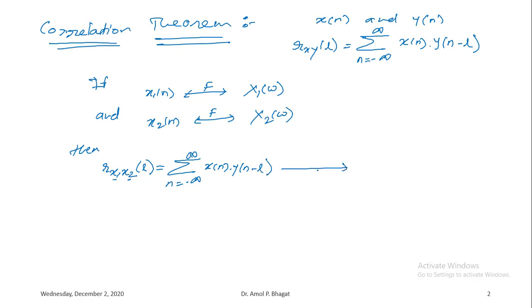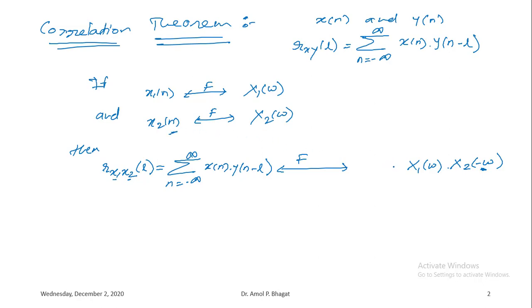In Fourier domain, this cross correlation will be simply the multiplication of the Fourier transform of x1 of n and X2 of minus omega, that is the phase reversed version of the Fourier transform of x2 of n.